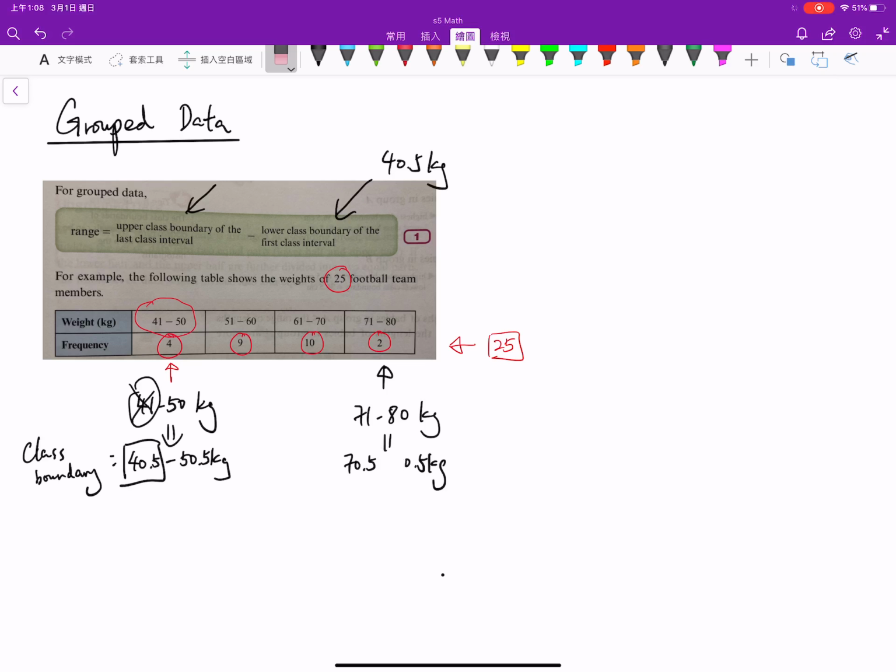So the maximum is 80.5. Here the range is 80.5 kg minus 40.5 kg, which is 40 kg. Got it? Let's see one more example.